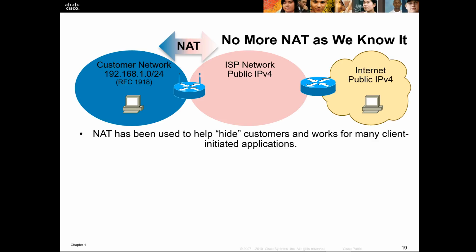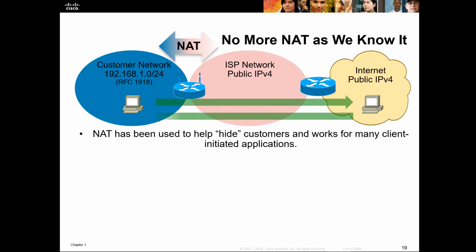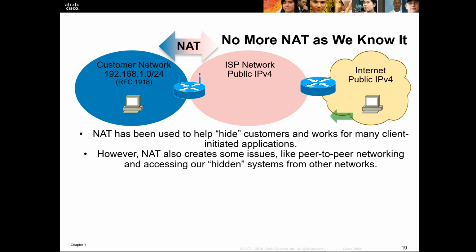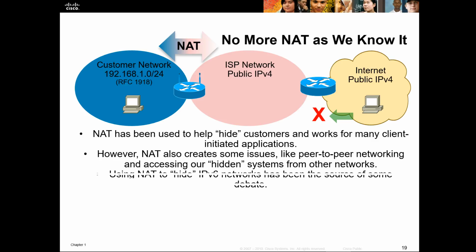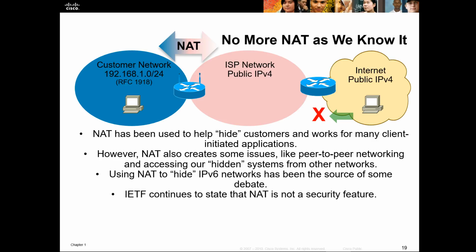The software was not able to track end-to-end devices because of NAT. And that was a problem. NAT also created issues like peer-to-peer networking and accessing our hidden systems from other networks. Using NAT to hide IPv6 networks has been the source of some really big debate. The IETF, the Internet Engineering Task Force, continues to state that NAT is not a security feature.